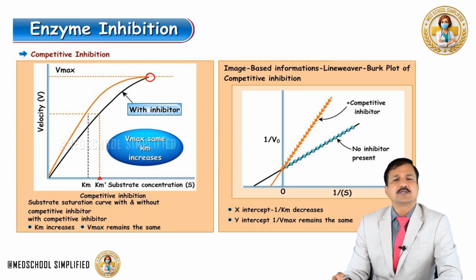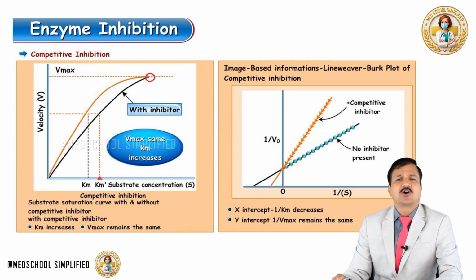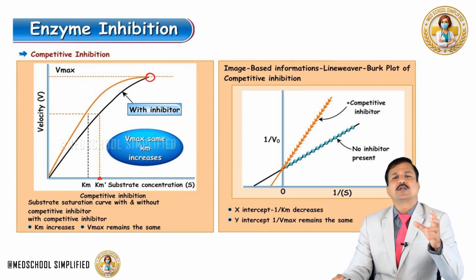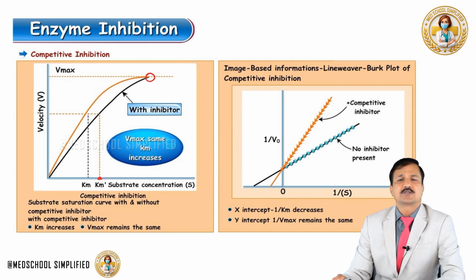Why? Because in the presence of a competitive inhibitor, the natural substrate faces a hindrance from the inhibitor. The inhibitor is trying to compete with the natural substrate for the active site. So the substrate is not getting sufficient chance to bind, and it takes time for the natural substrate to bind.